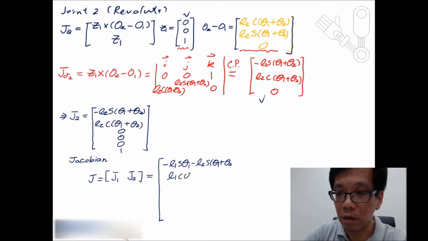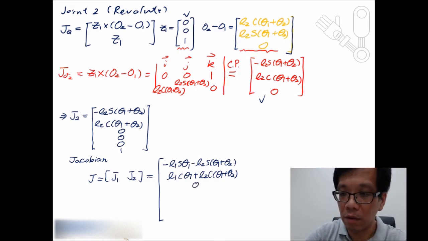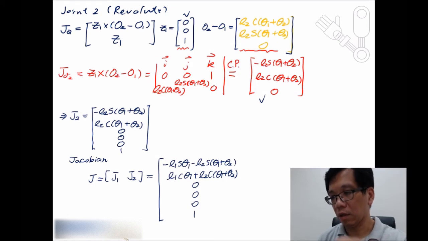L1 cosine theta 1 plus L2 cosine theta 1 plus theta 2, 0, 0, 0, 1. Use another color.